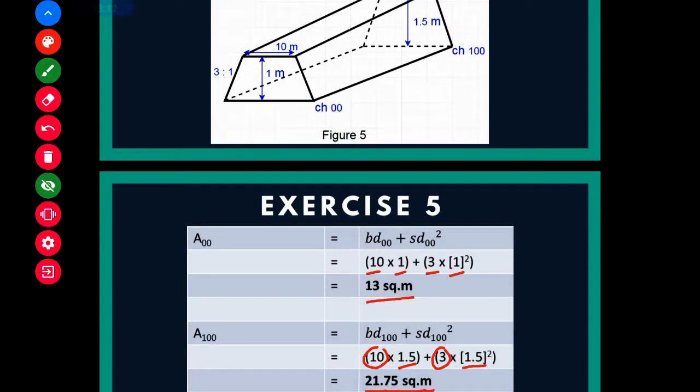So after that you need to determine the average of surface area, meaning that you need to sum up the value of surface area for chainage 00 plus surface area for chainage 100, and then you divide by 2. You will get the average surface area, and you just multiply with the length, which is 100.